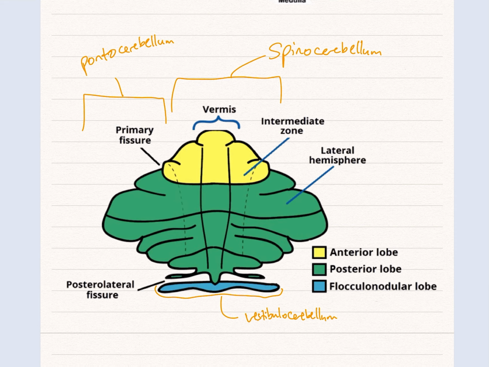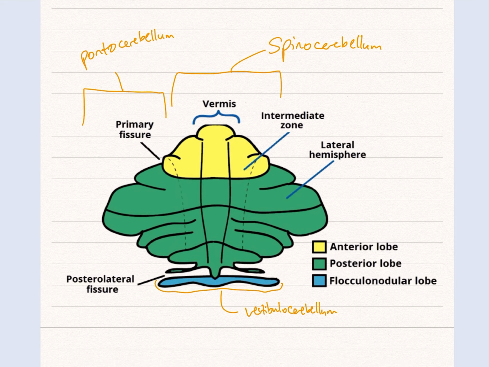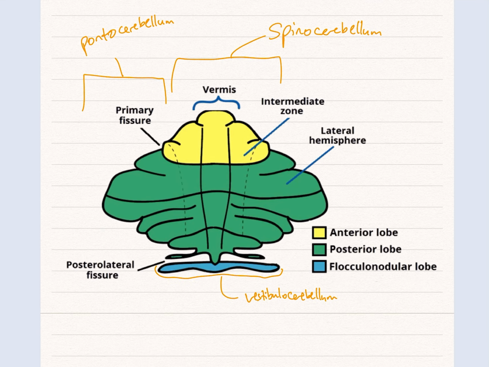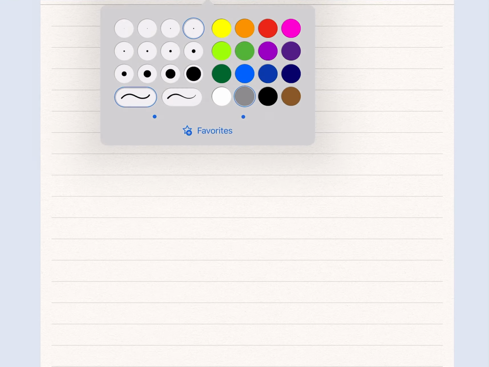Okay, so going on from here, the next thing to talk about is probably an overview of what the cerebellum looks like in practice. So if we just draw out a quick diagram of the brain, and then you've got the brainstem, so it's not going to be to accurate size.